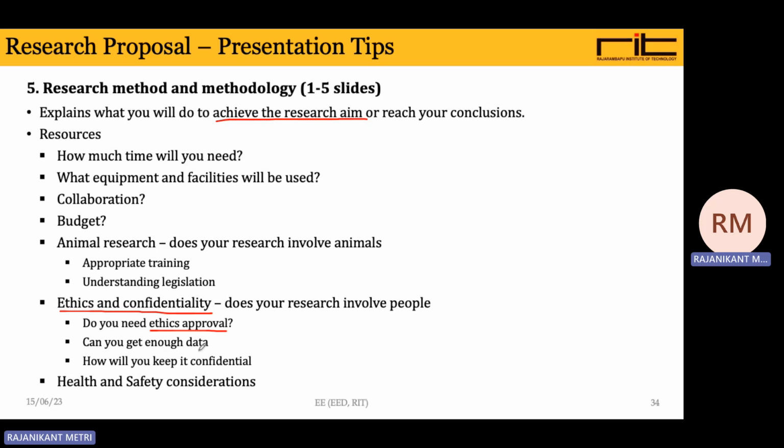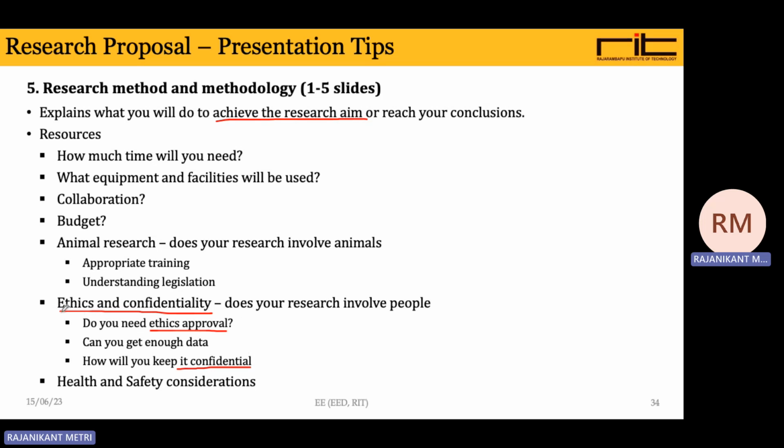Can you get enough data for your research? And if so, have you taken permission from those particular data agencies? Then how will you keep it confidential? If the data providers want their data to be kept confidential, then you need to adhere to those conditions.